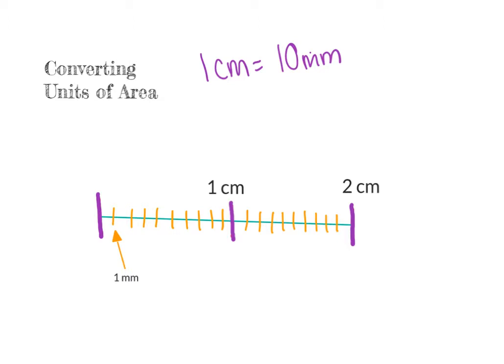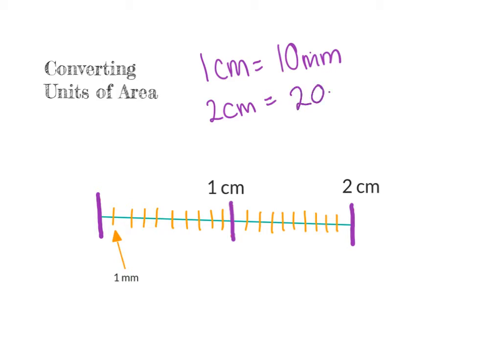If I count from the very beginning all the way to 2 centimeters, I wonder how many millimeters there will be. Let's count. 1, 2, 3, 4, 5, 6, 7, 8, 9, 10, 11, 12, 13, 14, 15, 16, 17, 18, 19, 20.